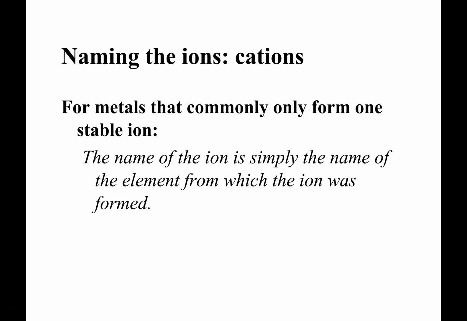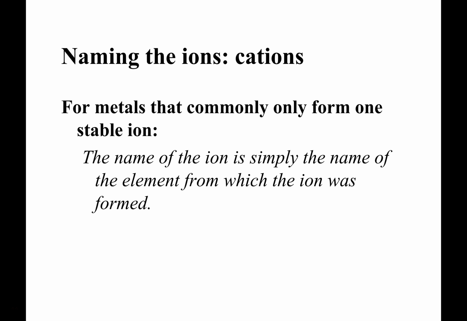And let's see, for metals that commonly form one stable ion. Well, what metal did we just come across that forms more than one stable cation? Remember we did the electron configuration of this guy right here. Okay, so for instance then, what this says is iron could be +2 or +3.